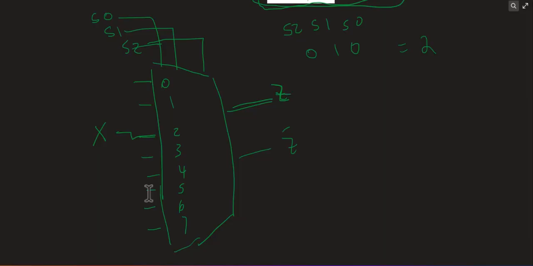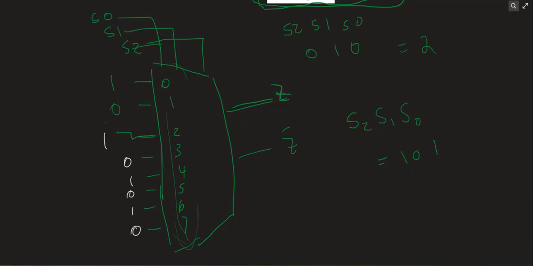So the input that's going into this number right here is going to be what comes out at Z based on the select input. So for example, let's say I had S2, S1, S0 equal to 1, 0, 1, and I had the following numbers, where 1 is high voltage and 0 is low voltage, so you can always just use those if you need to.